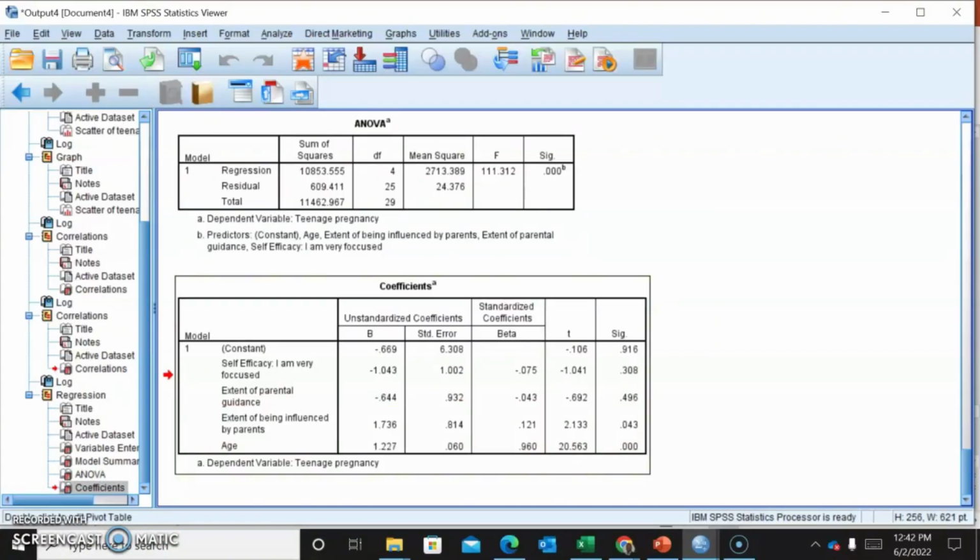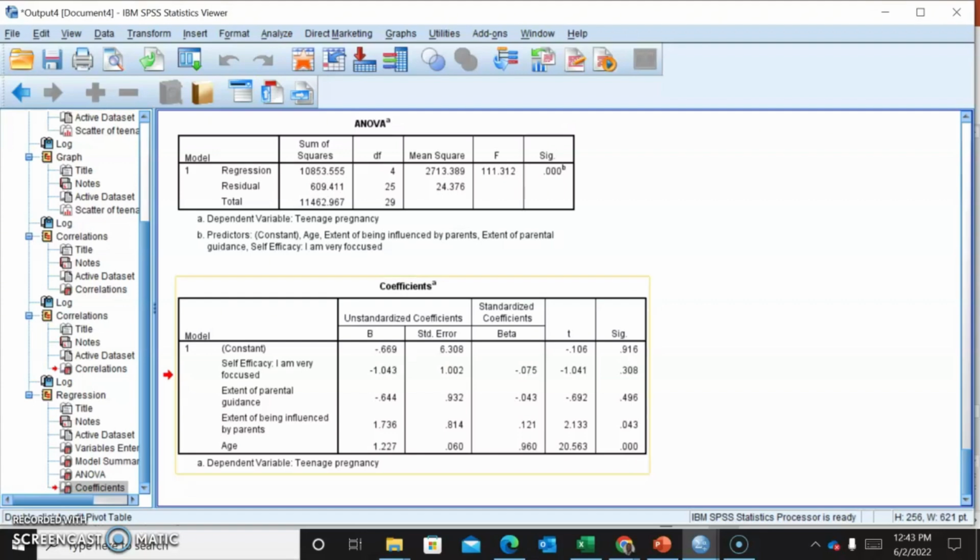Then we go to the other table, which is the table of coefficients. In this table of coefficients, we want to see the contribution of each of those variables separately. So we look at self-efficacy. For example, we say, I am well focused. To what extent is it contributing to this model?